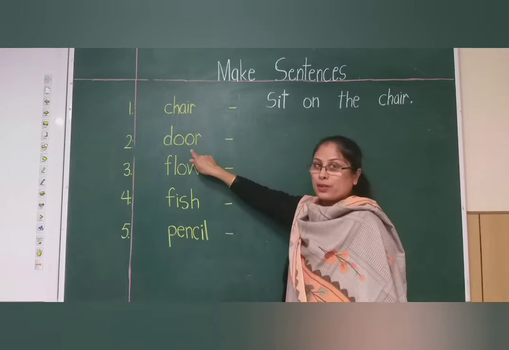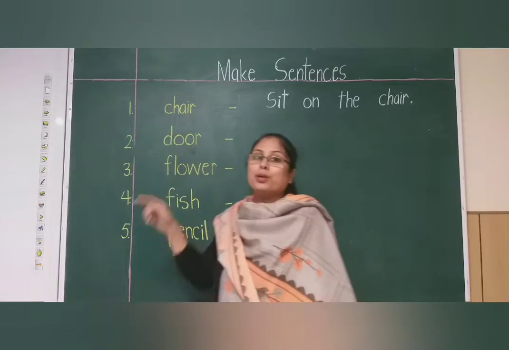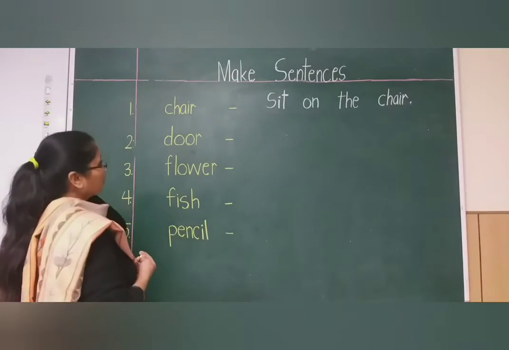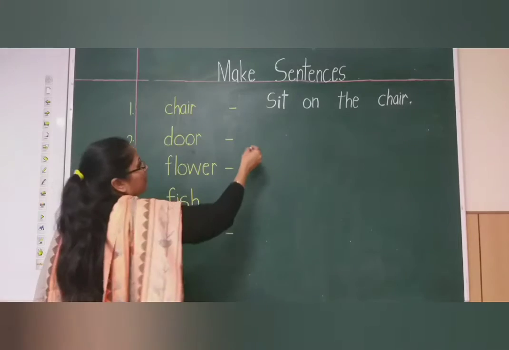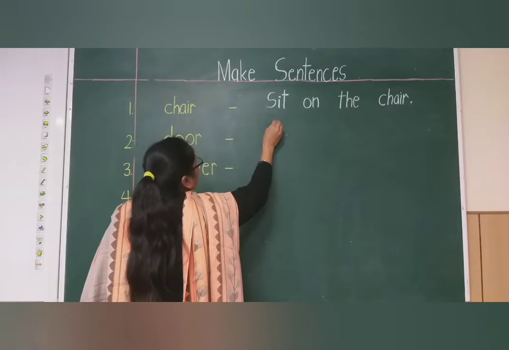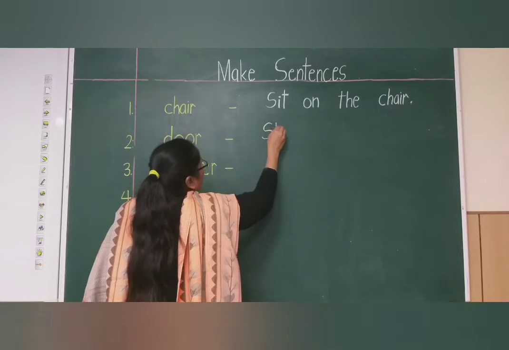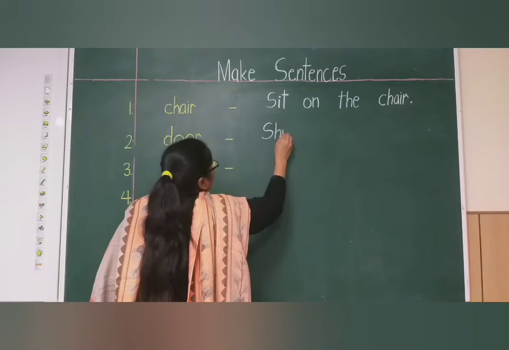What is the next word we have written here? It is the word door. You can make any meaningful sentence with the help of the given word door. I have to write here: Shut the door. And the first letter of the sentence should be capital. S-H-U-T, shut.